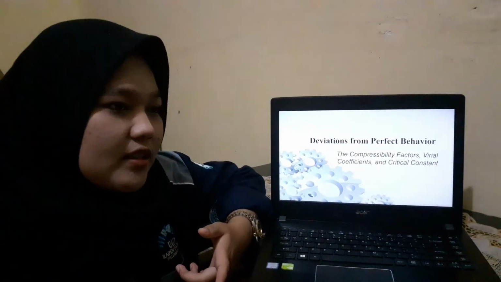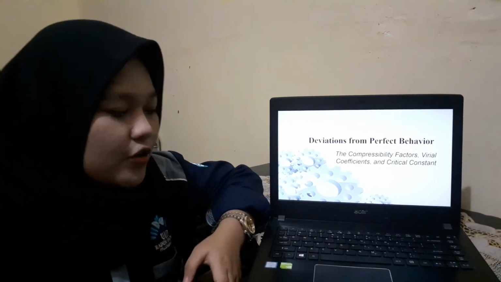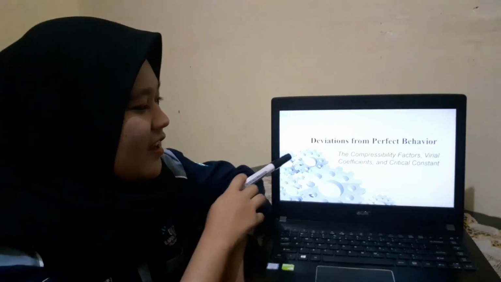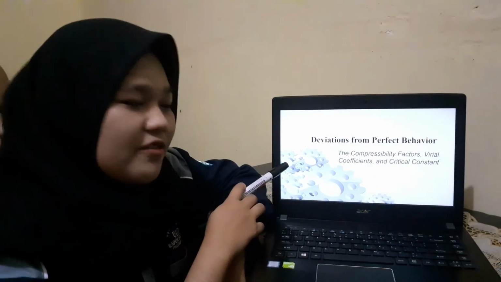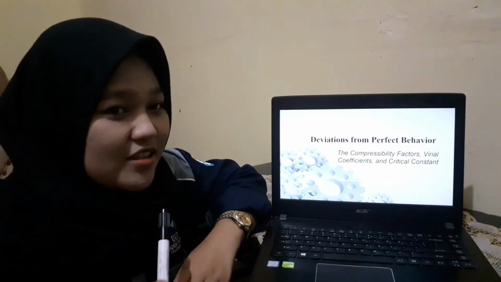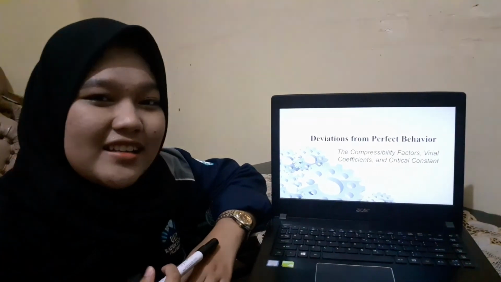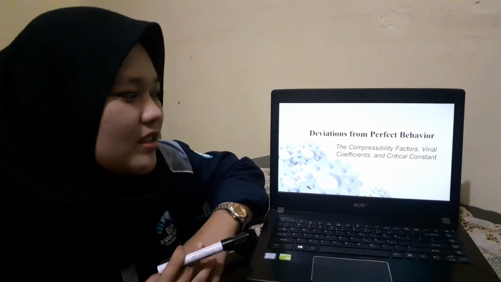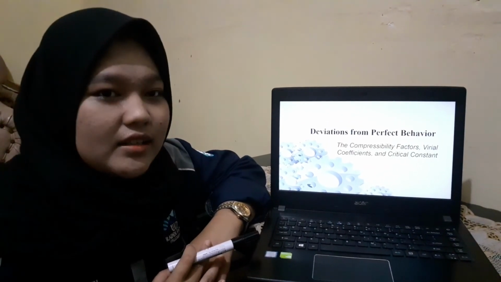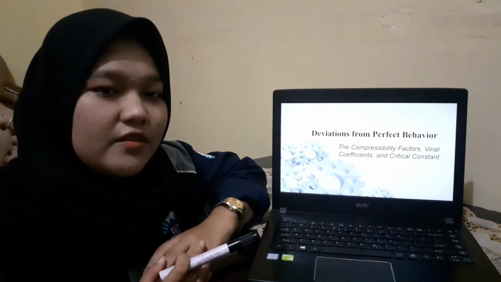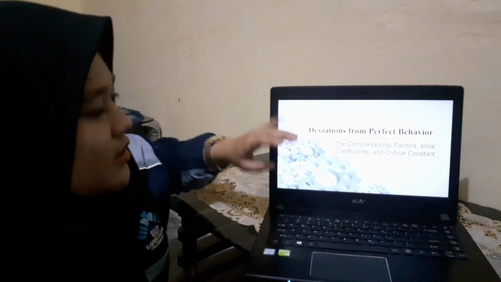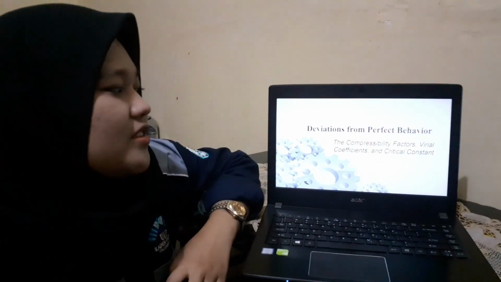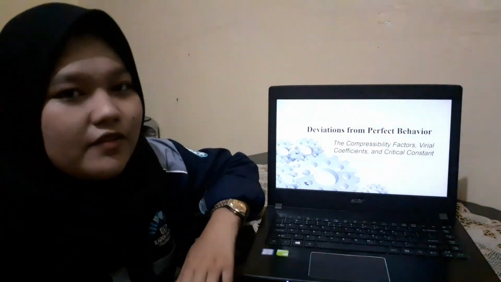That was about the real gases. If you want to know more about the van der Waals equation, you can check the next video of my partner Gala. So this is from me for deviation from the perfect behavior. That's it.